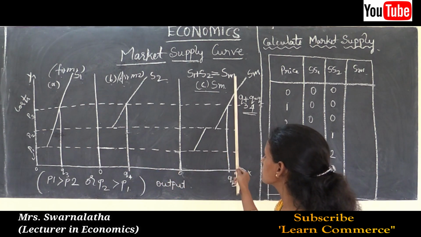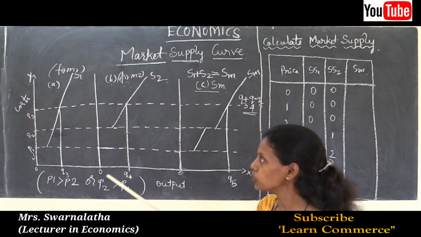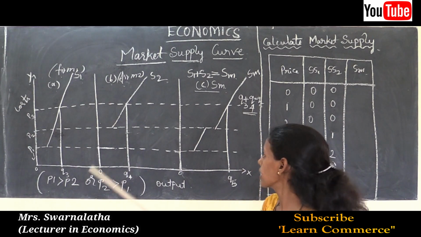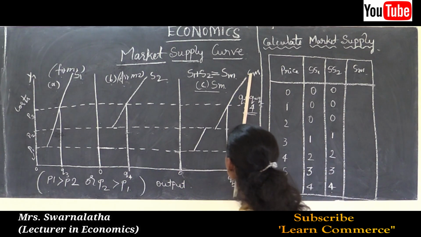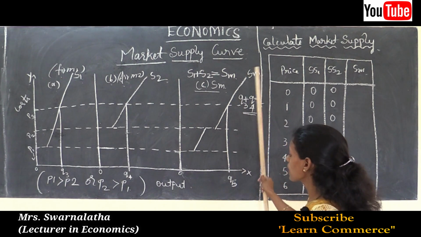Thus, SM is nothing but the supply curve of S1 plus the supply curve of S2 together, which forms SM, that is the market supply. Whatever curve you are going to see here is the market supply curve.